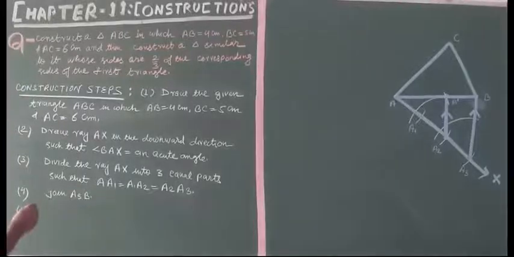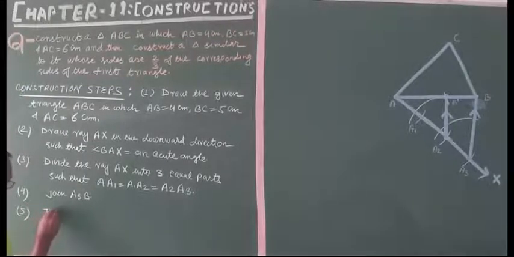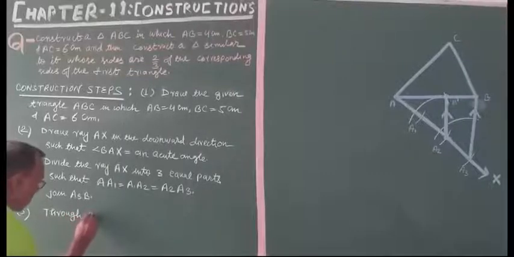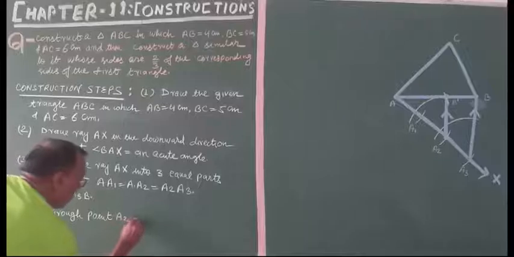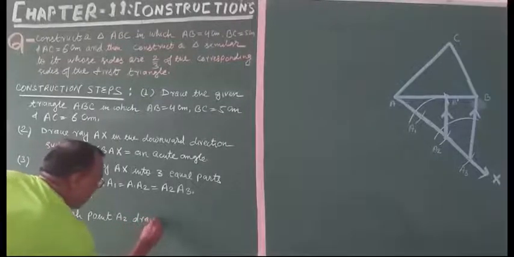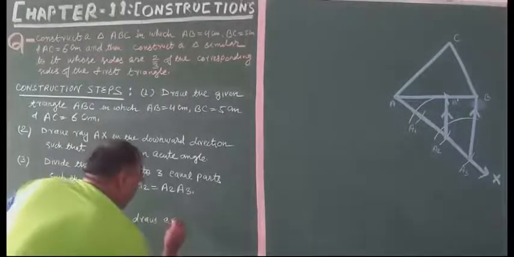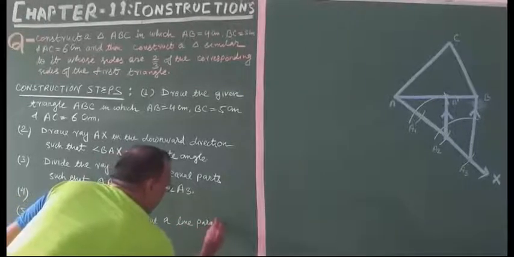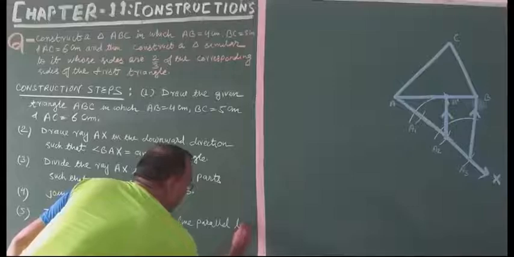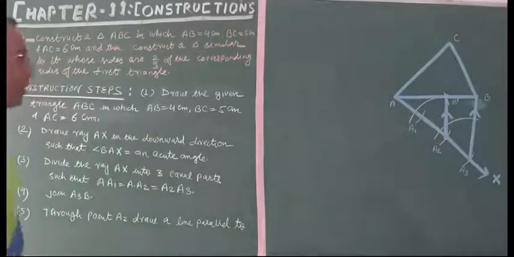Through point A2, draw a line parallel to which line?